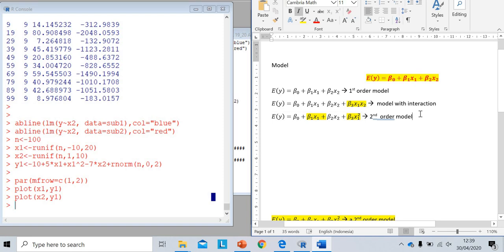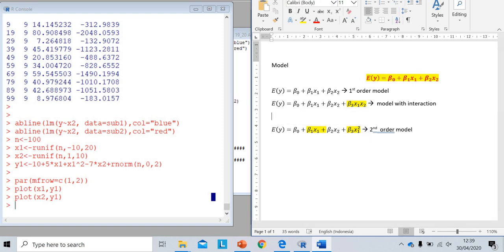Here we have the concept that's called the hierarchical model. What we mean by hierarchical model is that if you put the higher order term in your model, then the lower order term should be included in your model, no matter how insignificant it is.